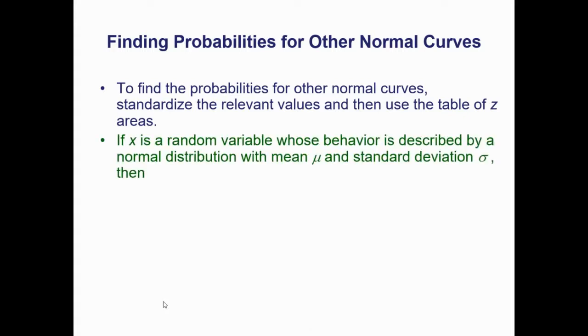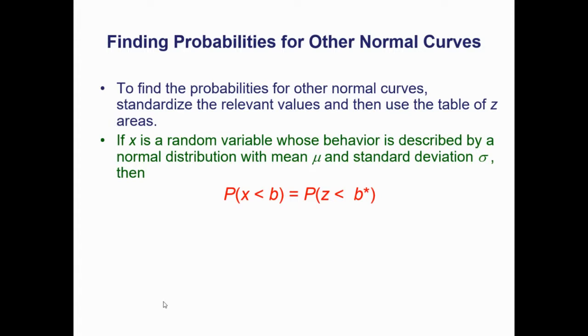If x is a random variable whose behavior is described by a normal distribution with the mean mu and standard deviation sigma, then we have a few properties. When we standardize, let's say we have that variable x and we want to find the probability that it's less than b.